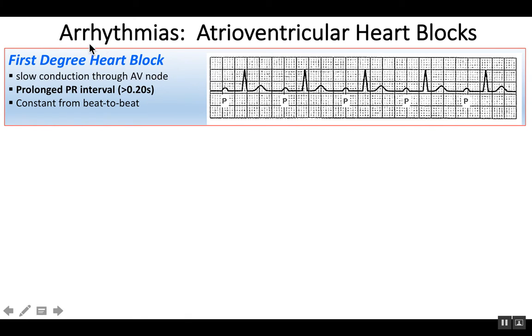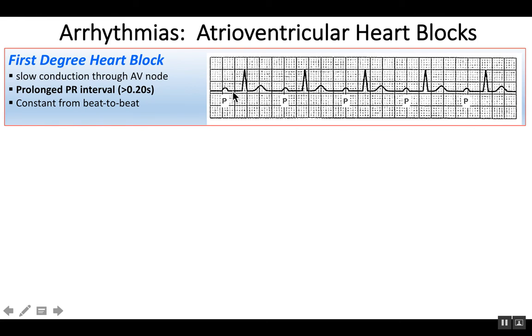The first one we call a first-degree heart block, or it's often known as a first-degree AV block, in that something is slowing up the conduction through the AV node. And when something slows that conduction up, what you see is an elongated interval.